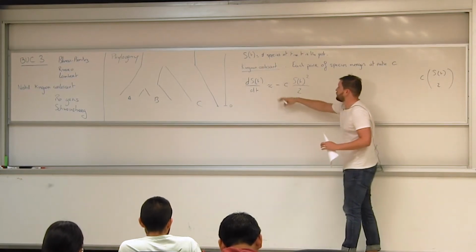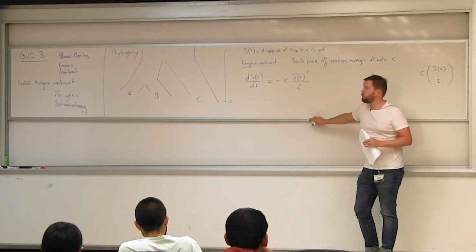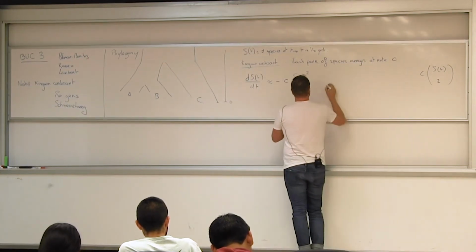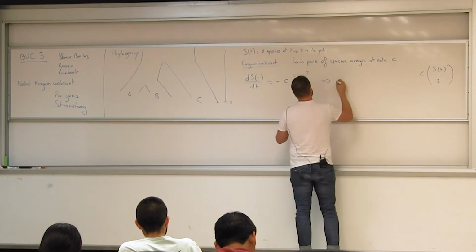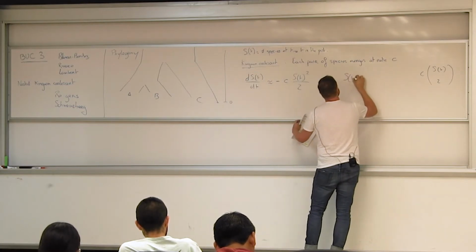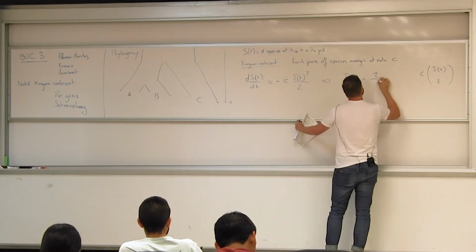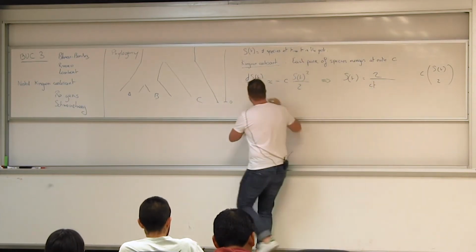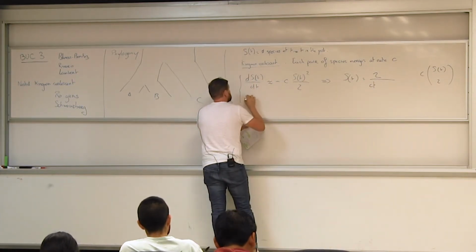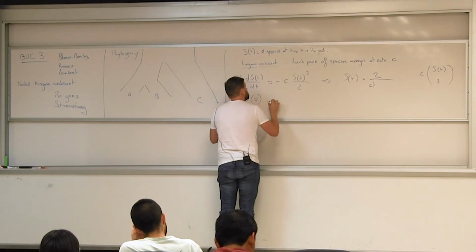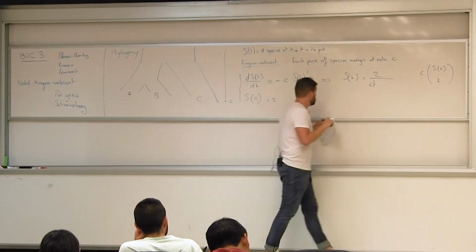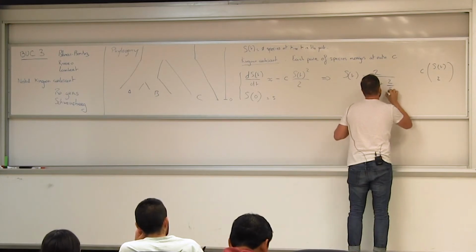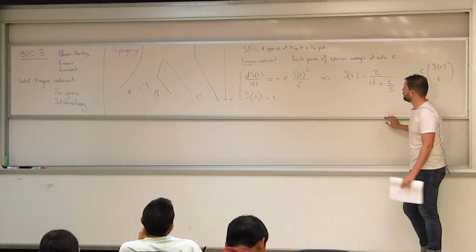Okay, and so if I replace this by equal, it's really easy to solve, and we get that S of t is 2 over c times t, and if I add also that S of 0 is equal to small s, this is what we get, okay?